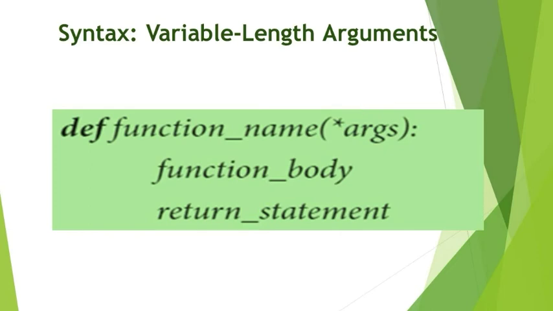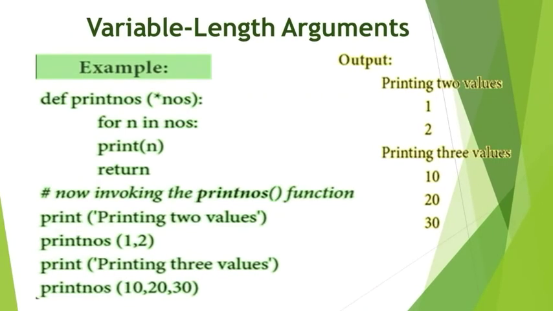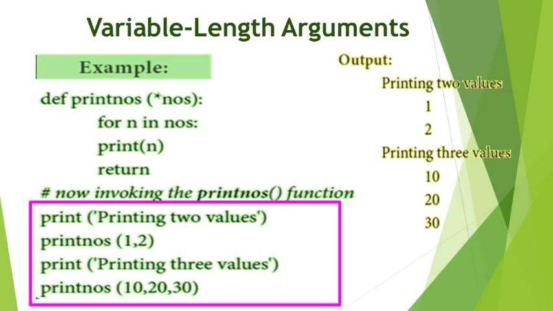Let's see one example. In this example, print numbers is the function name and the variable length arguments are given in the parenthesis with the asterisk symbol. In the next line, a for loop is given: for n in numbers, and then print n, you have to print the n, and then the return statement. Now you have to invoke the print numbers function, printing 2 values.